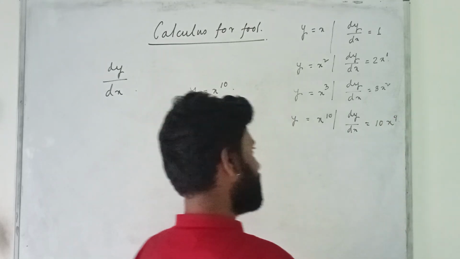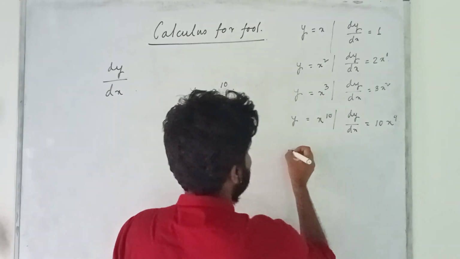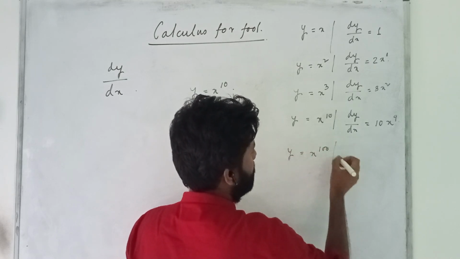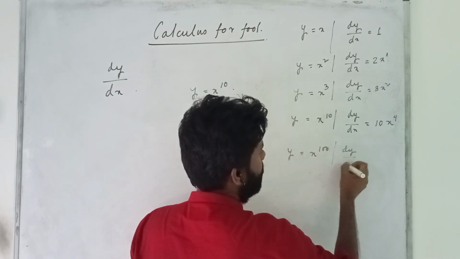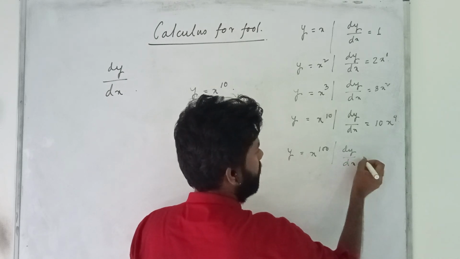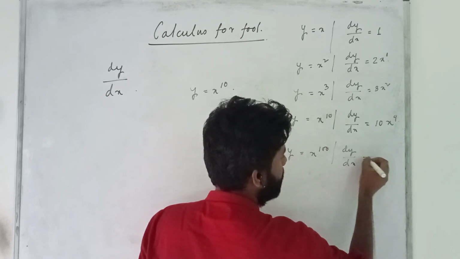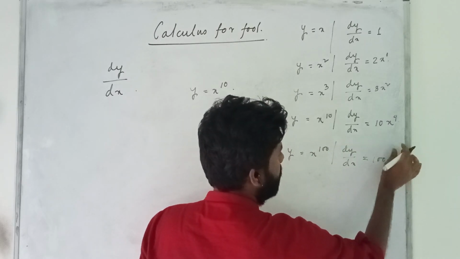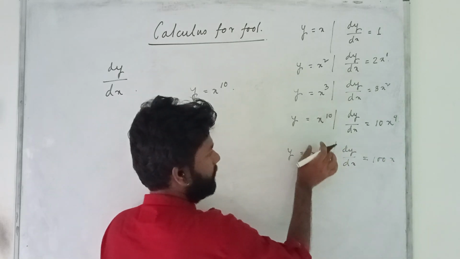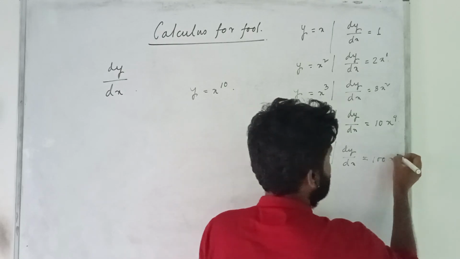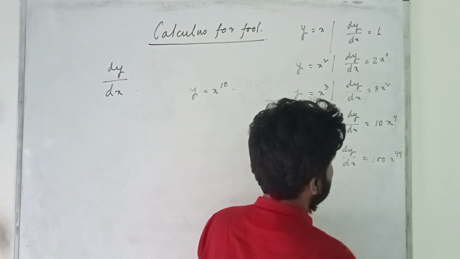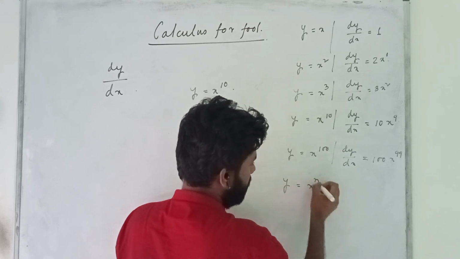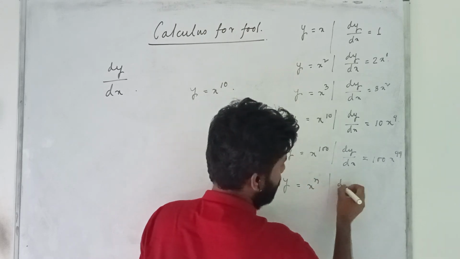And if y equals x to the power 100, obviously dy over dx becomes 100 as the coefficient of x, and then the power of x will be one step lesser than 100, that is 99. So if y equals x to the power n, in general, what is dy over dx?